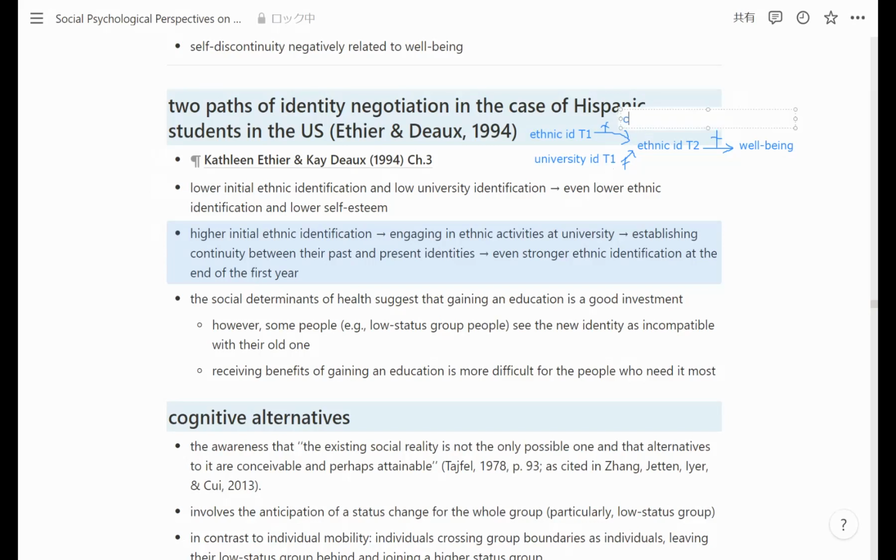Cultural engagement, maybe. Ethnic activity engagement. Okay.